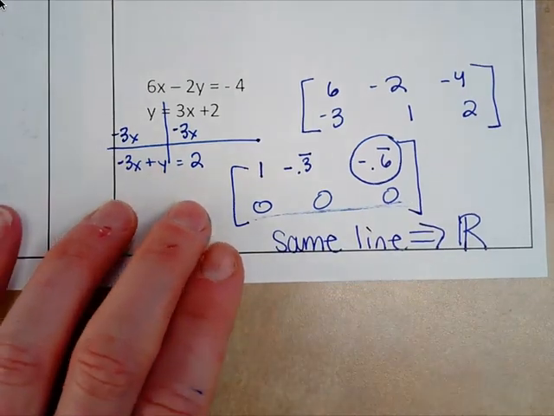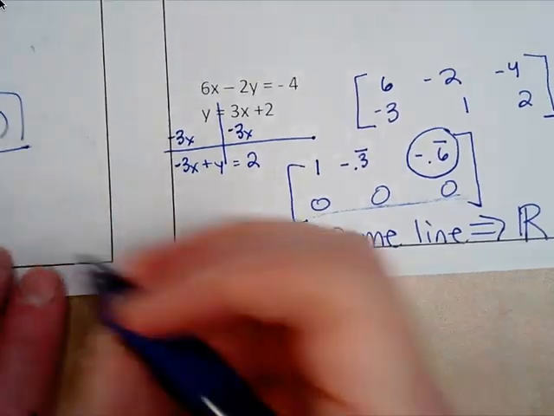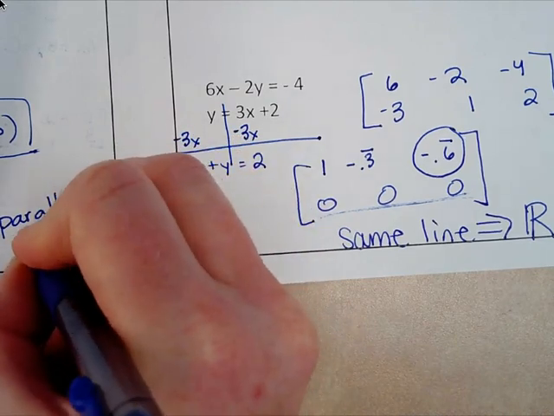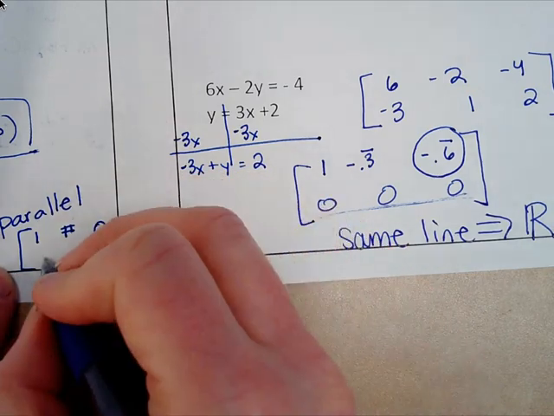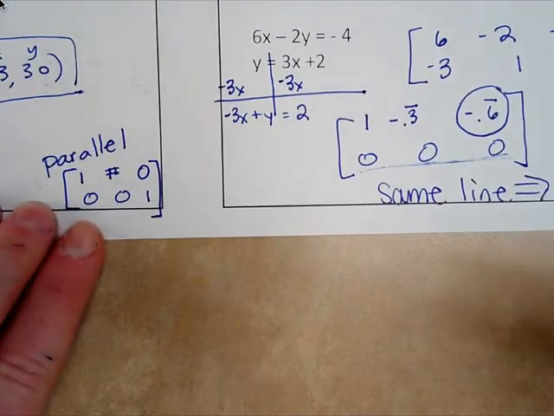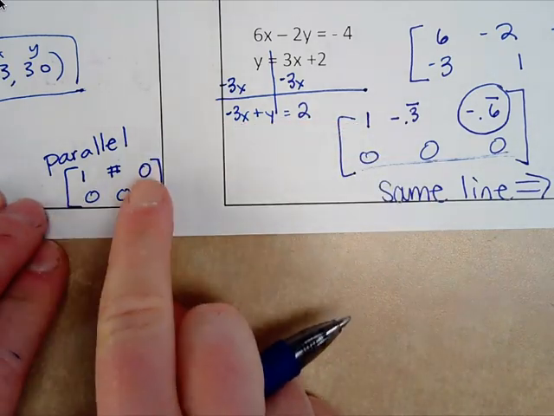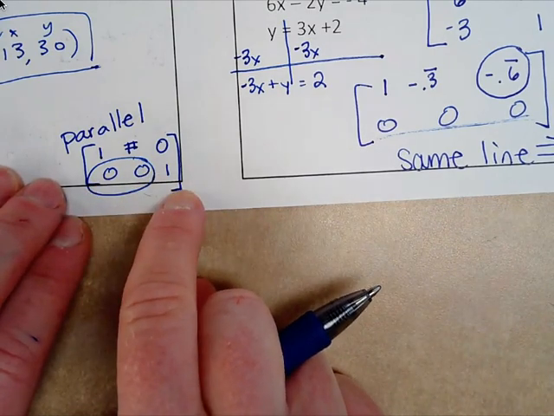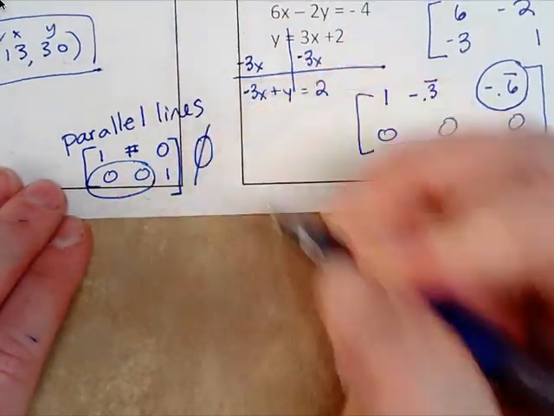All these zeros means it's either the same line or it's parallel. I didn't give an example of parallel, but whenever you have parallel lines, it's going to look like this: 1, some number, 0, and then 0, 0, 1. You know how it's supposed to say 1, 0, 1, a number? It's going to have a 1 at the end. So this is no solution.